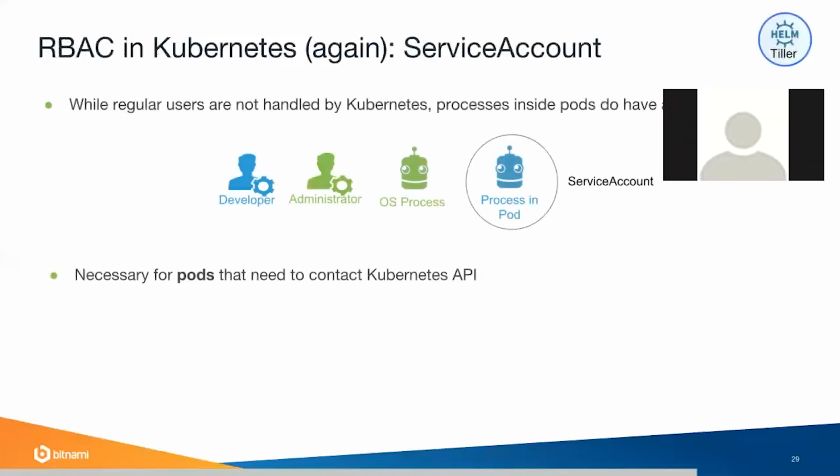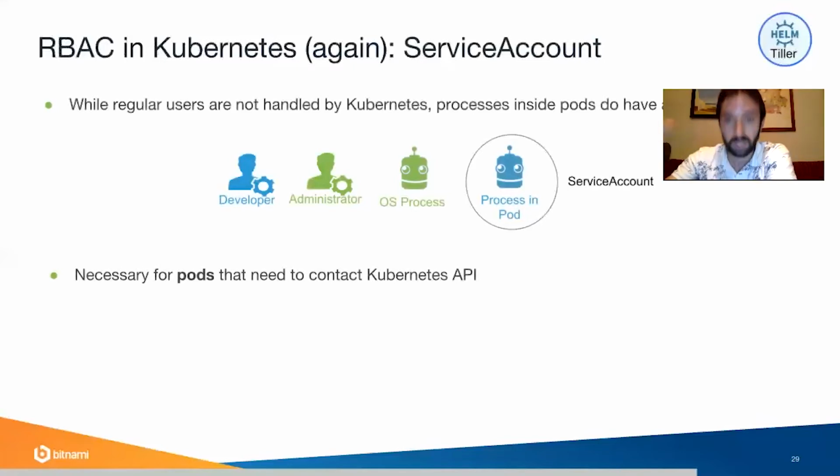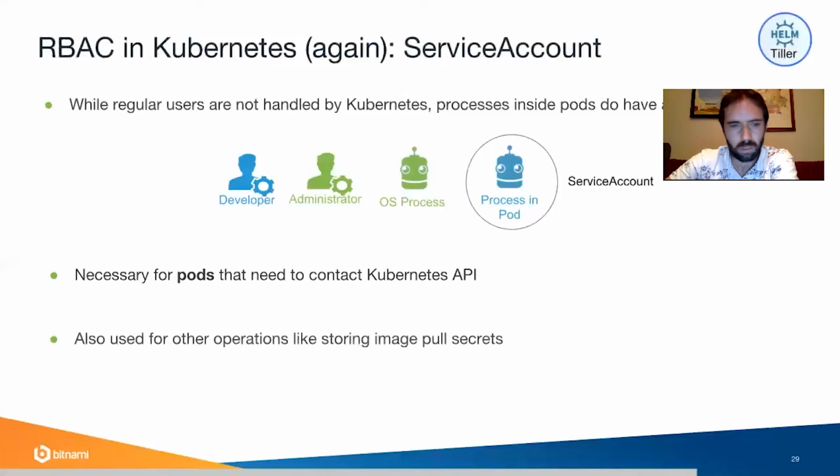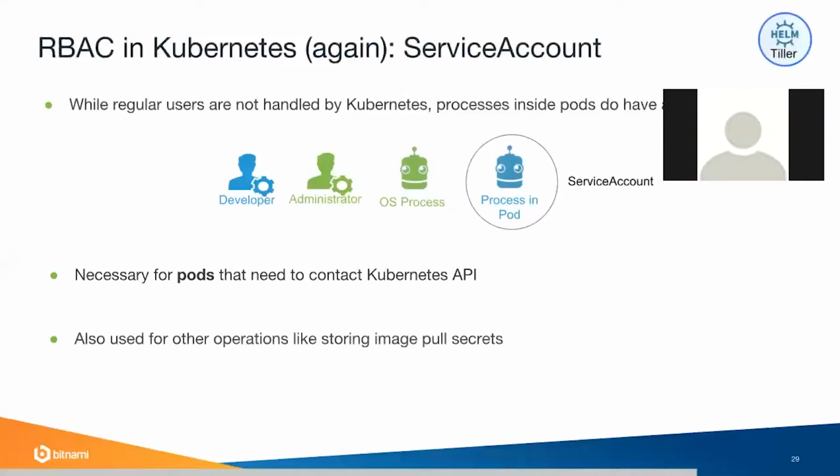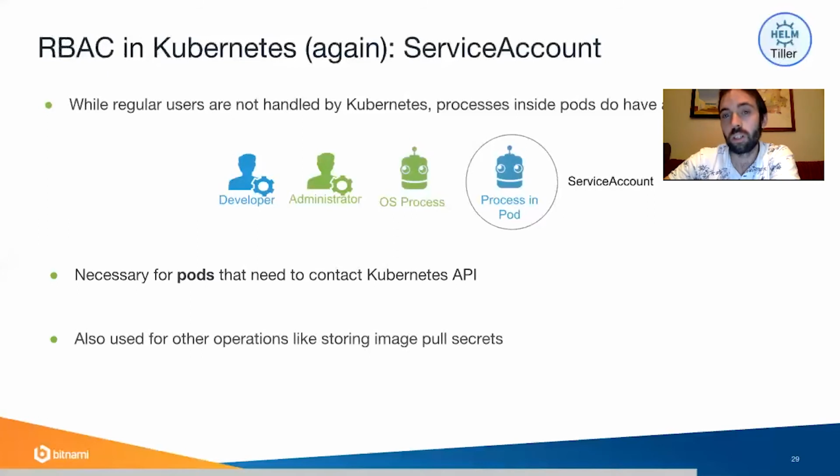So when you want to deal with the RBAC for processes inside a pod, I repeat myself, processes inside a pod, then you have to use service accounts. Also, it can be used for storing image pull secrets when you want to access a private Docker repo. But what's important here is that when we have a pod and want to access the Kubernetes API, this is the kind of subject we're going to use.